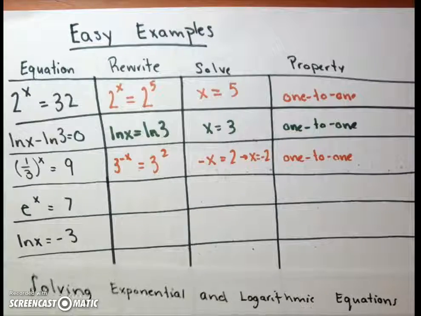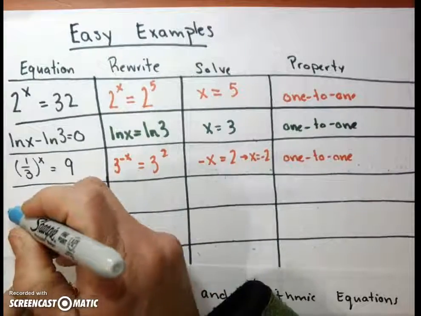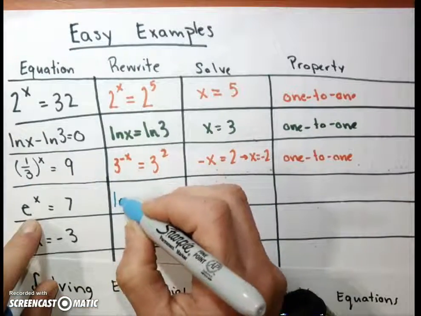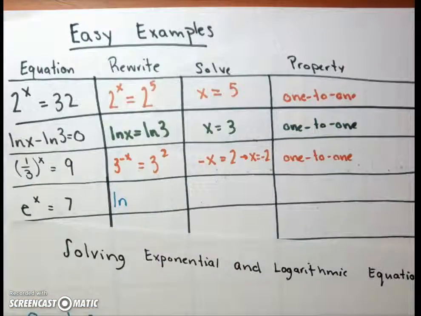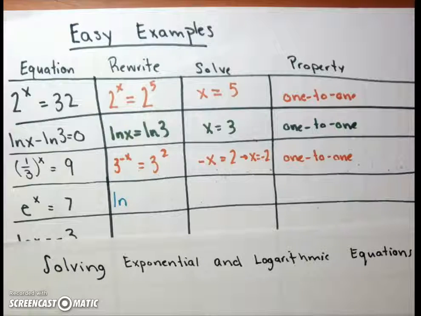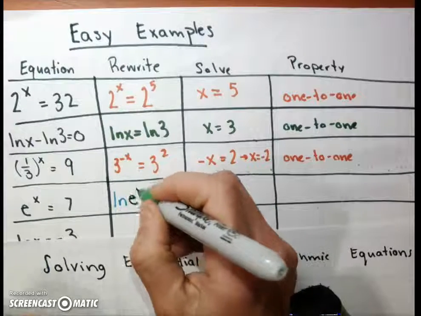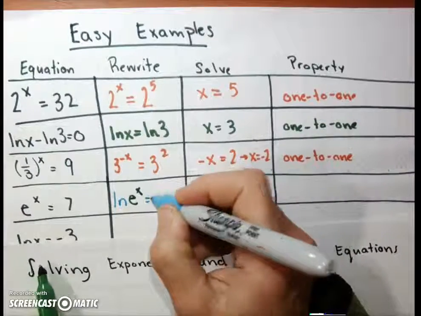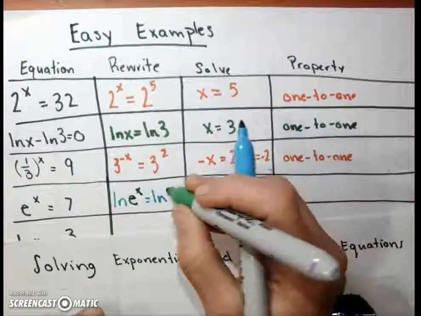I do this by taking the ln of both sides of this equation. So when I do that, I'll have ln of e to the x equals ln of 7.